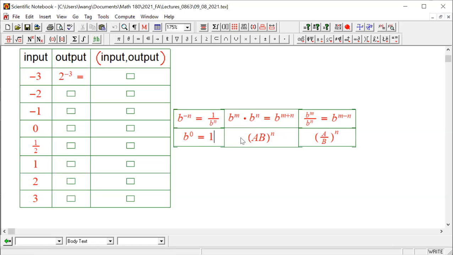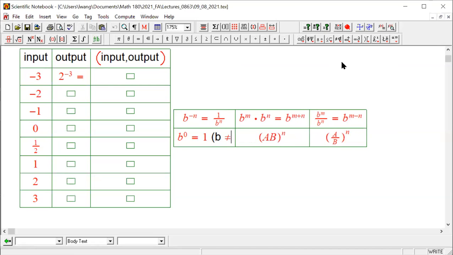That statement needs to be modified. Anything to the power 0 is 1. That "anything" has to be replaced by "anything but 0." So this is true only when what? Only when b is not 0.